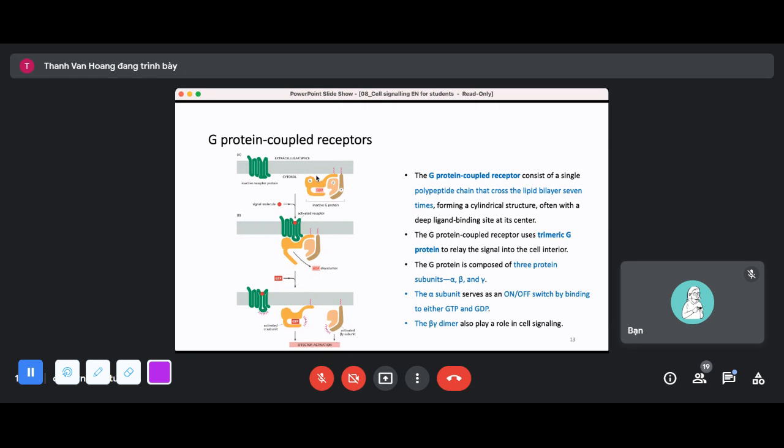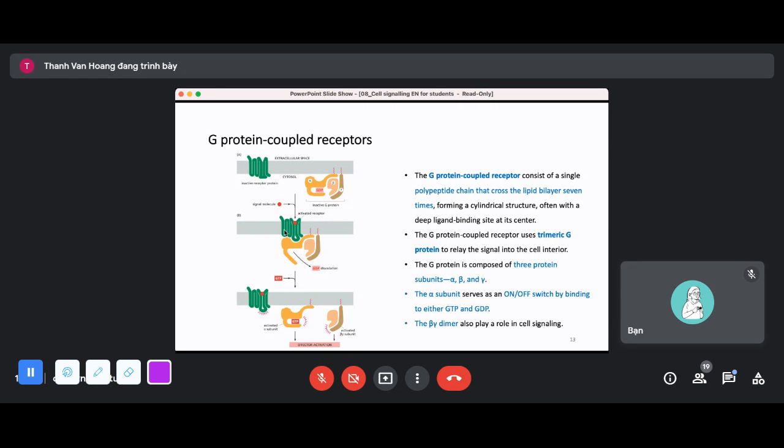The alpha, beta, gamma subunits of the G protein are also inactive because the alpha binds to GDP. When the signal molecule comes and binds to the pocket of the receptor, it induces a conformational change, and the structure of the protein intracellularly also changes, so that it can interact with the alpha subunit of the G protein.